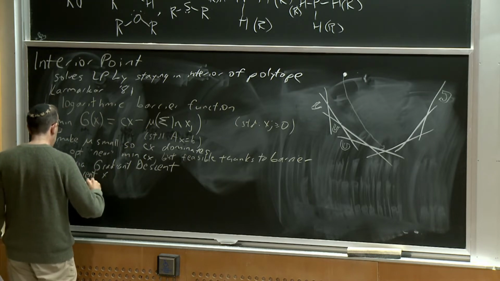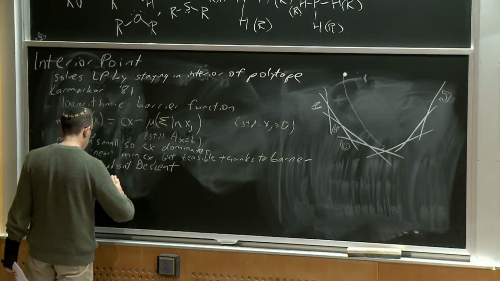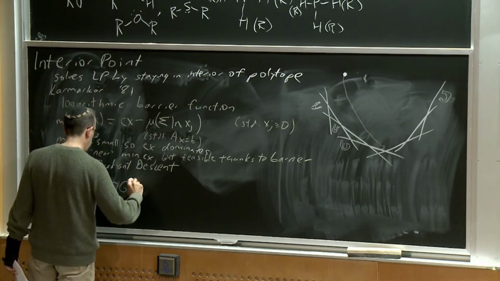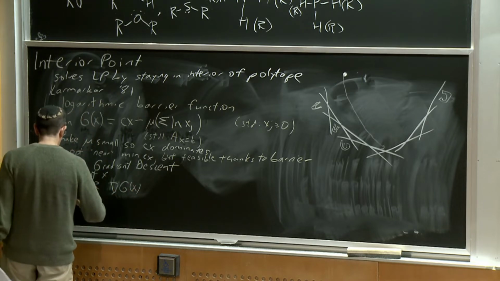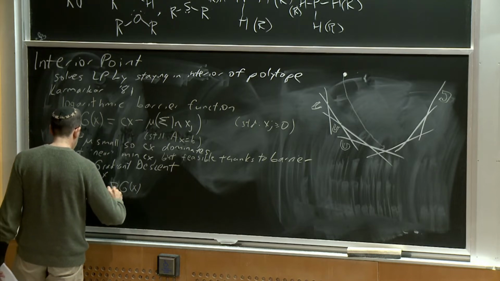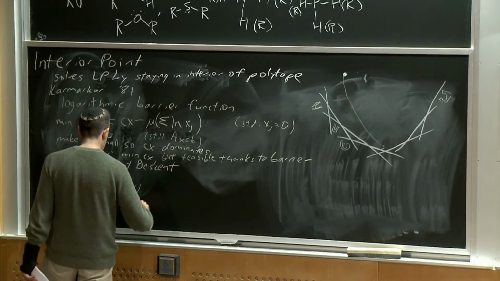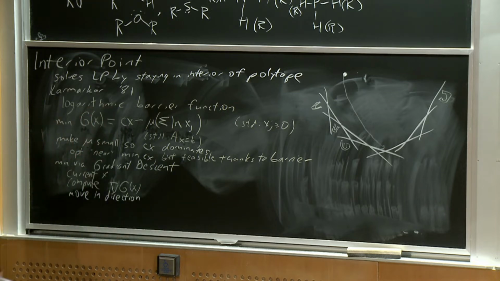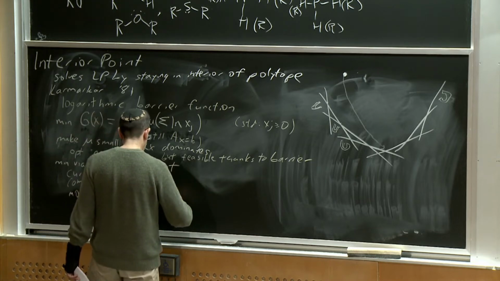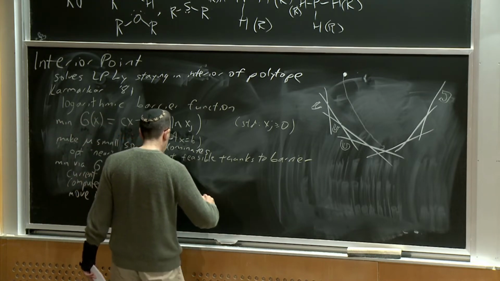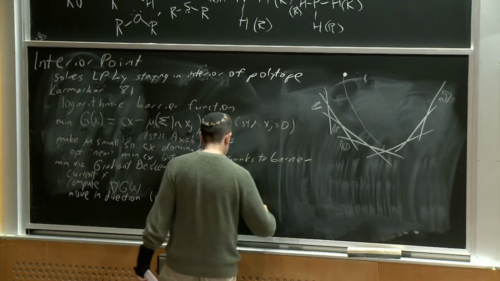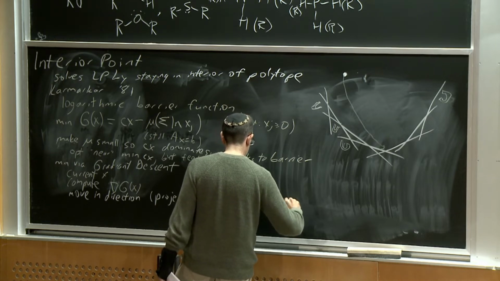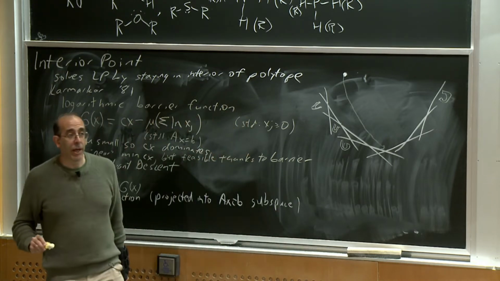You compute the gradient at your current x, and then you move in the decreasing direction of that gradient. Now, of course, you have to project that gradient into the Ax equals b subspace, because that ensures that your point will stay feasible.